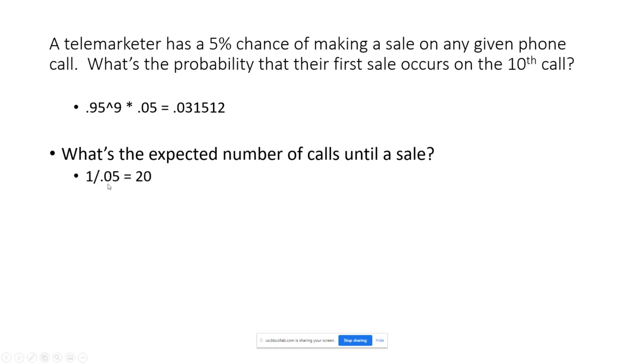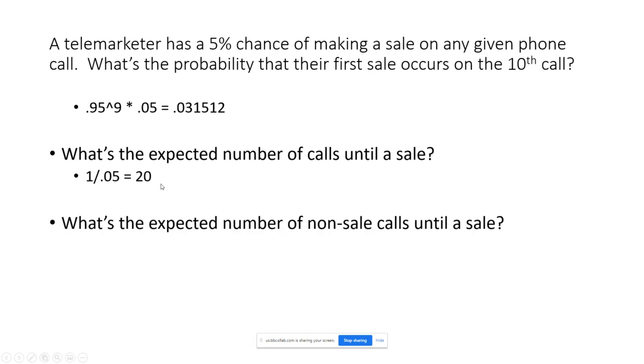Yeah, so 1 over 0.05 is 20, versus the expected number of non-sale calls until a sale, so before the sale.